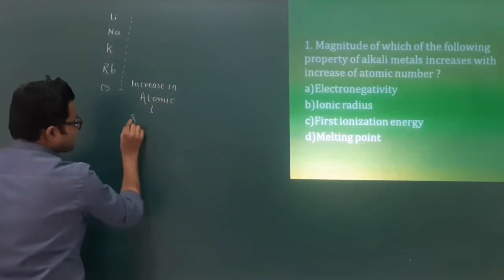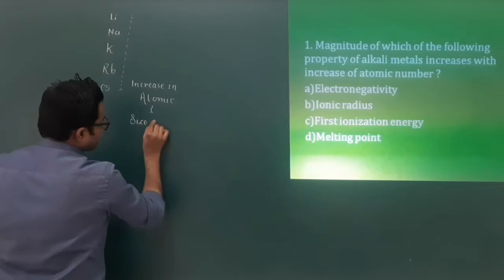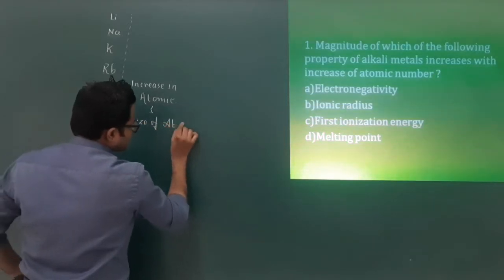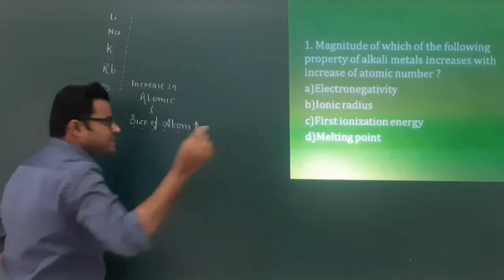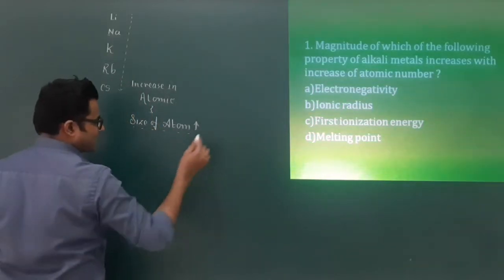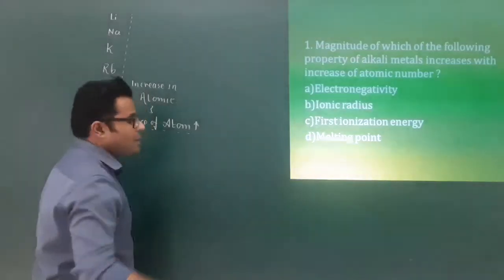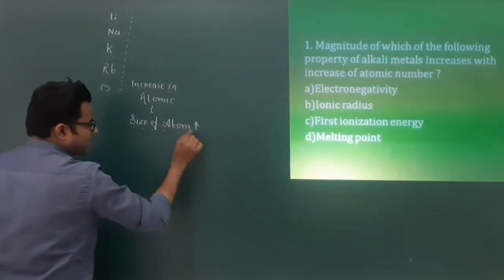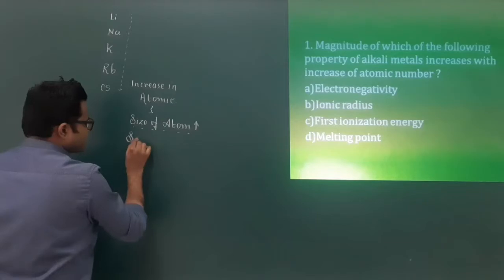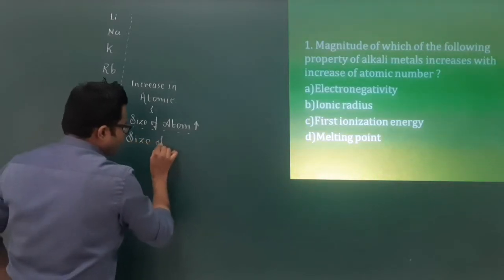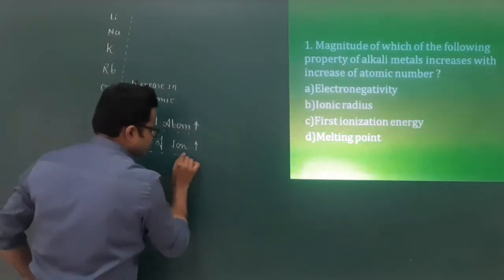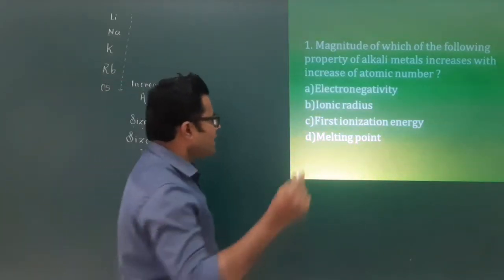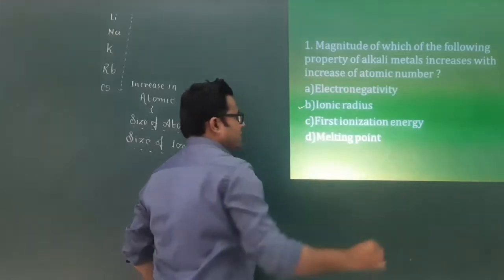So the size of an atom is going to increase. If the size of a parent atom is increasing, of course it has a direct relation with its ionic size. So as atomic size is going to increase, of course, the size of the ion is going to increase. So our answer over here lies with B.